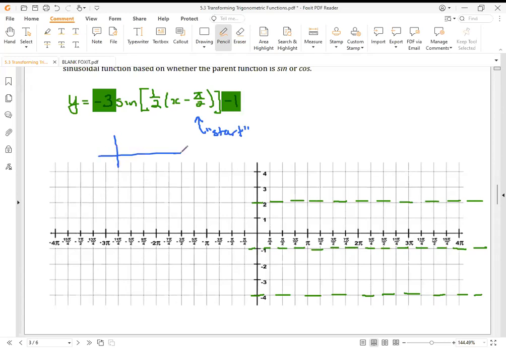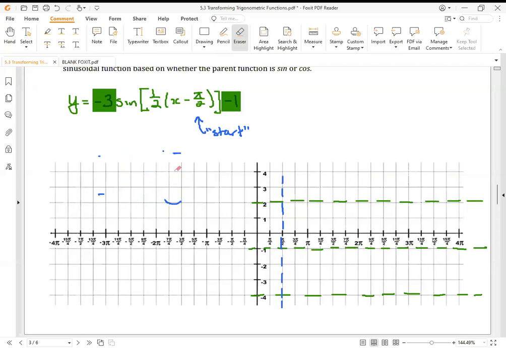Remember, a sine curve is supposed to start at 0, 0. If I shifted pi over 2, then I am starting there. Right? So you can assume that number corresponds to your start of the box.